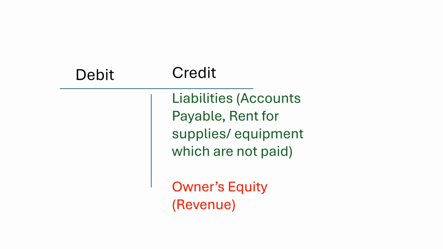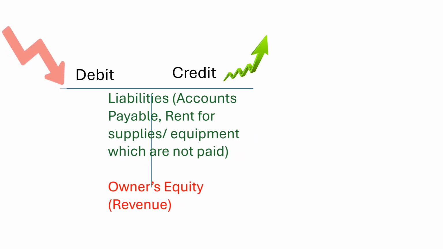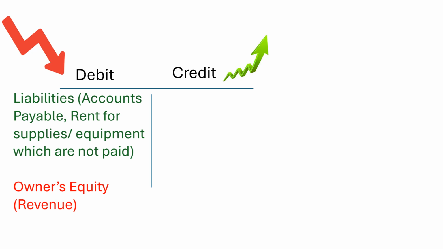So we say that if these are increasing, then these will be credited. That means it will be on the right. If it happens the opposite, that liabilities and owner's equity are decreasing, these will go towards the left. That means they have to be debited.